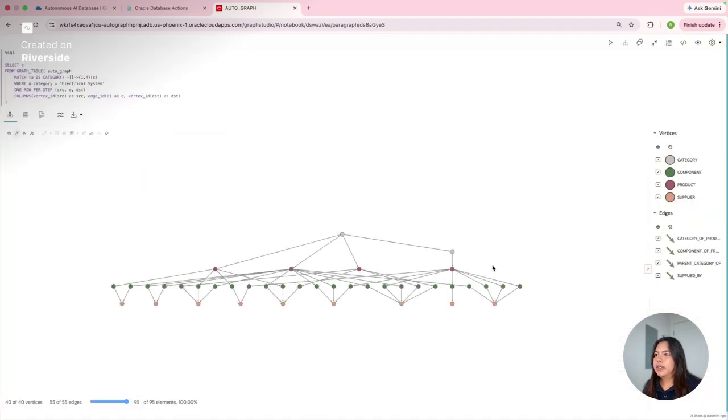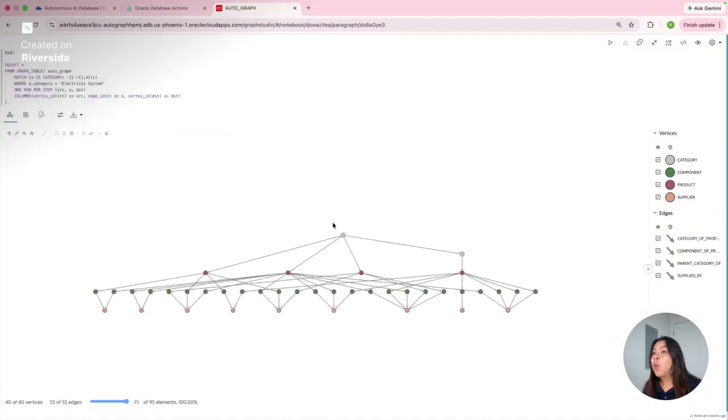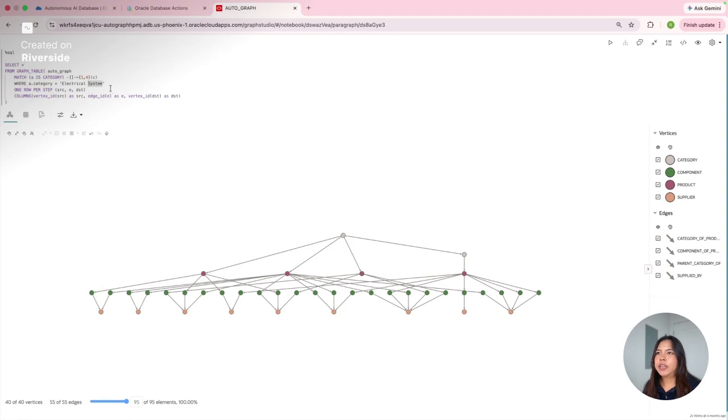But in this case, let's say that we wanted to just take a look at one specific category. So in here, we're specifying that we want to see electrical systems, and we want to see anything that is connected between 1 to 4 hops from electrical systems. This means that it will show us 1 hop, 2 hops, 3 hops, or in this case, I have an example for 4 hops.